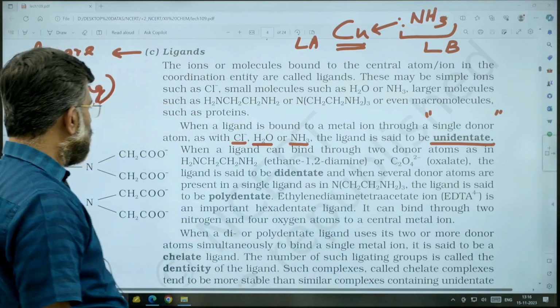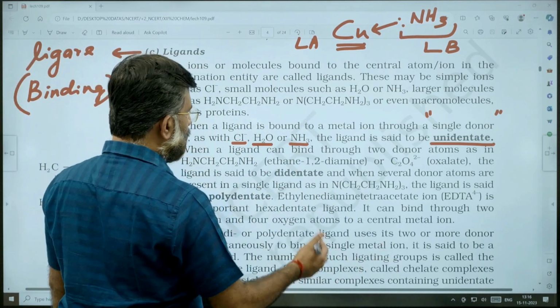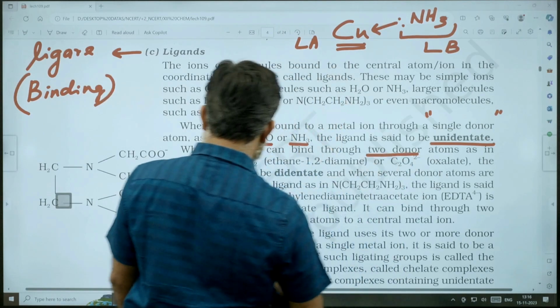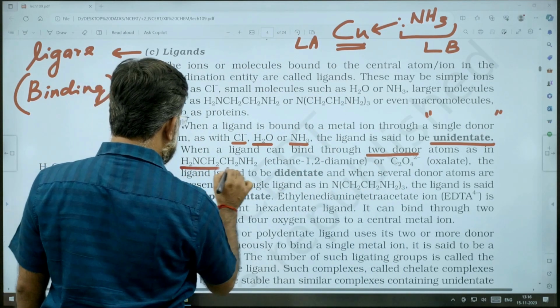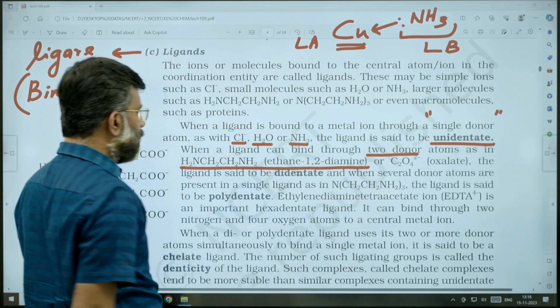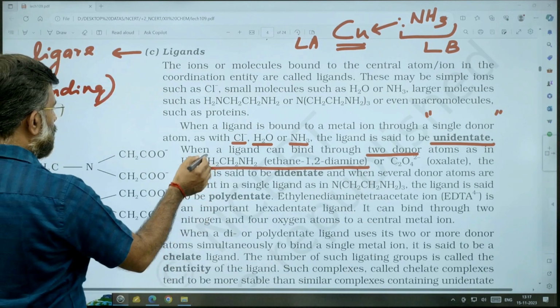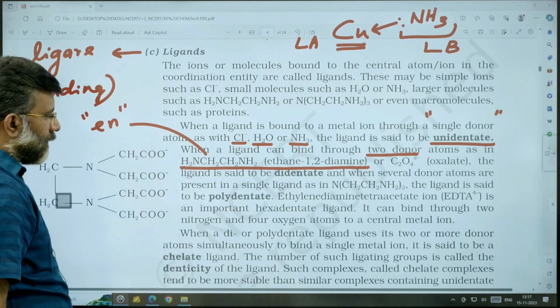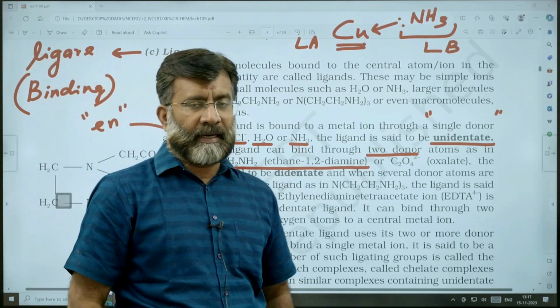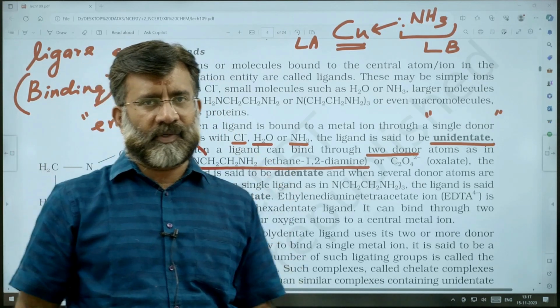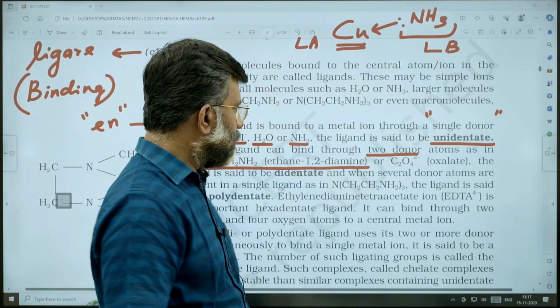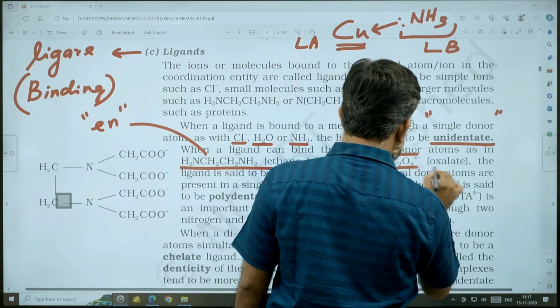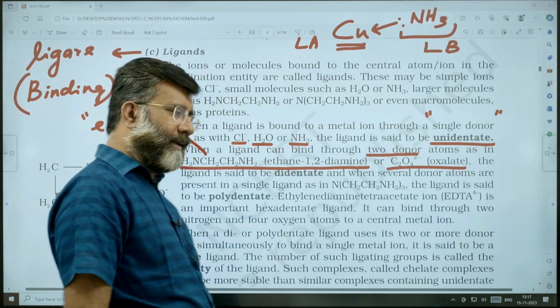Monodentate. It can have two donor atoms, like in the case of ethane 1,2-diamine, abbreviated as EN. That is a didentate system. Even oxalate is a didentate system.